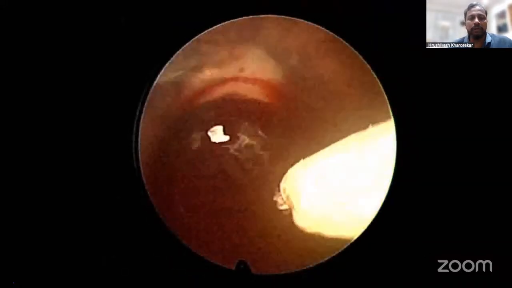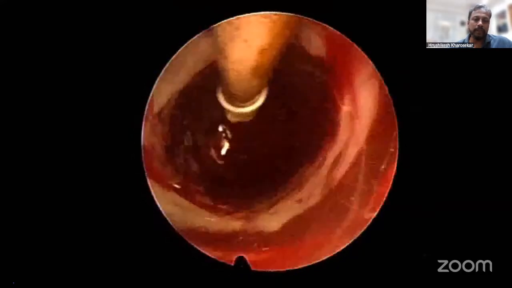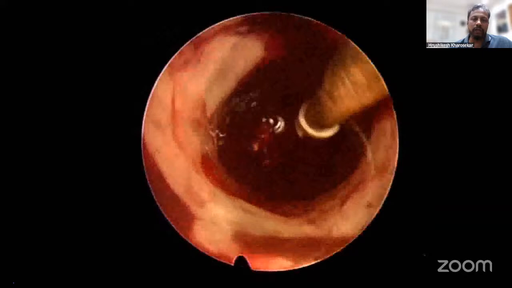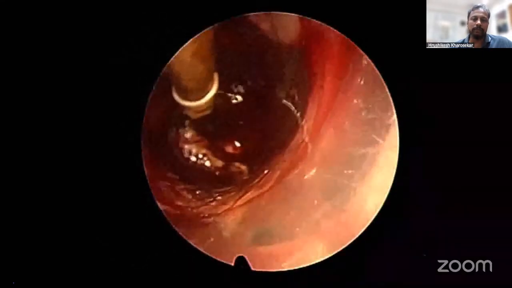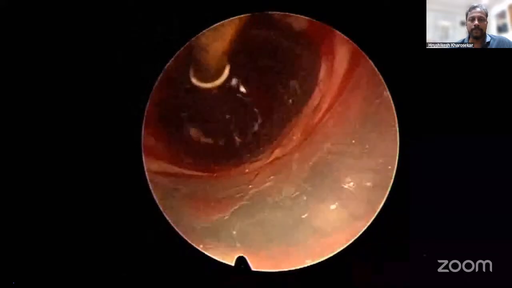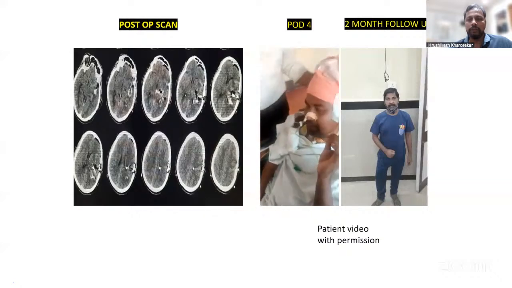We have stopped doing craniotomies or craniectomies unless the patient deteriorates. So we are following a minimally invasive technique in our department. So this is a post-op scan and a significant improvement at 2 months of follow-up.